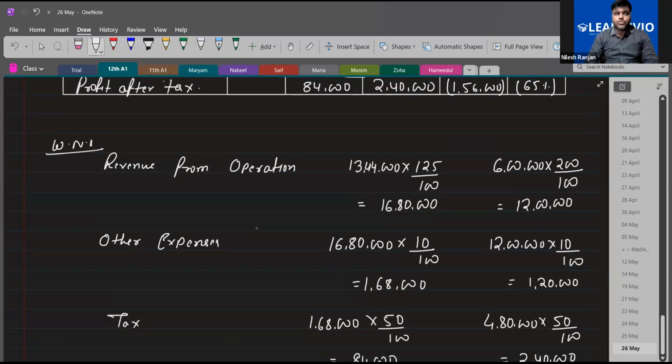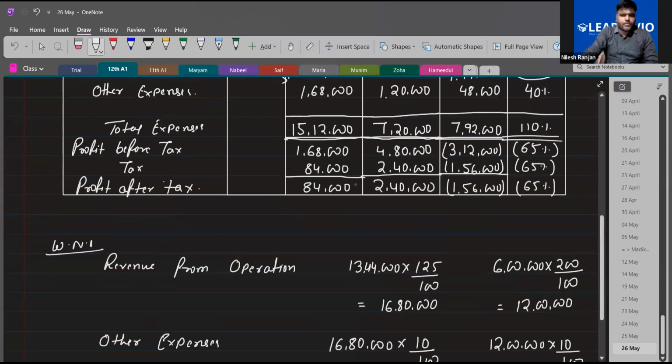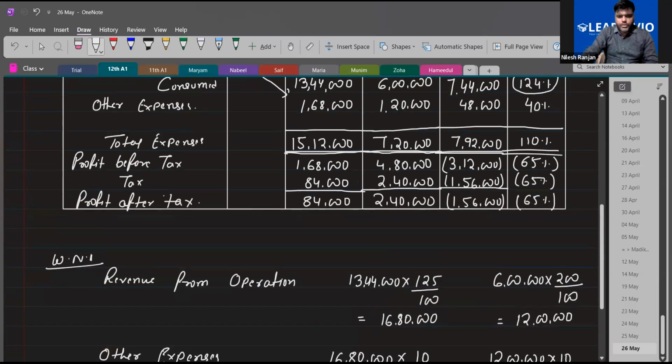We are going to discuss a new topic, common size statement. Okay. So this is common size statement.